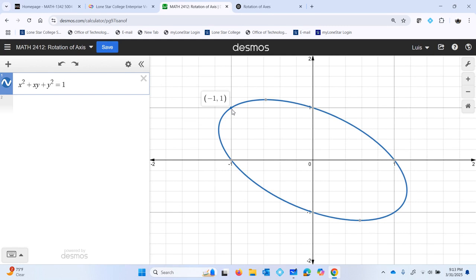So here we have the vertex at -1, 1. It's hard to see with this, but we can see that it's -1, 1, which means that the other vertex has to be at 1, -1. So here we're kind of close to here, where we can see that that's going to be 1, -1. Okay.